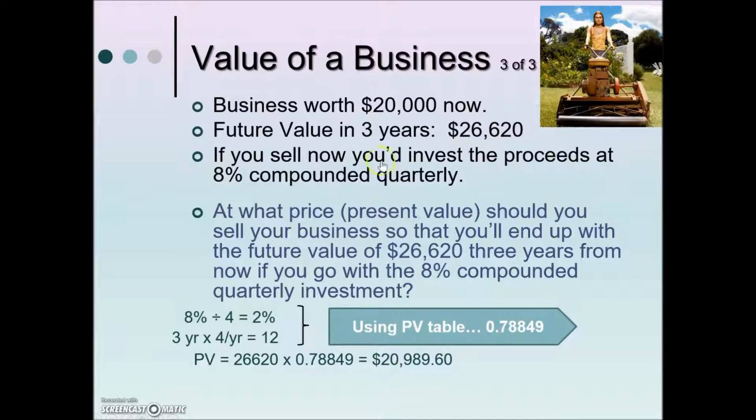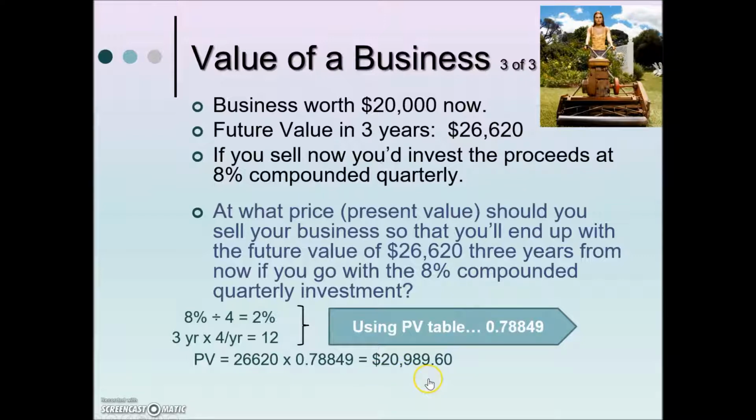It's slightly higher than the business is worth, but the buyer, knowing that if this is sound analysis showing that this business is going to grow 10% in the next 3 years, they know that even though they're paying a little more than it's worth today, almost $1,000 more, it will grow in the next 3 years to almost $27,000.